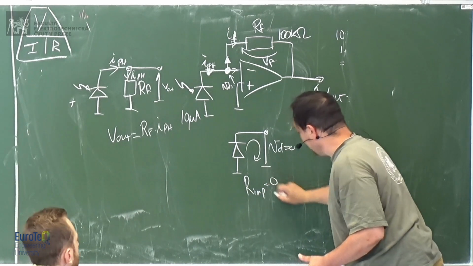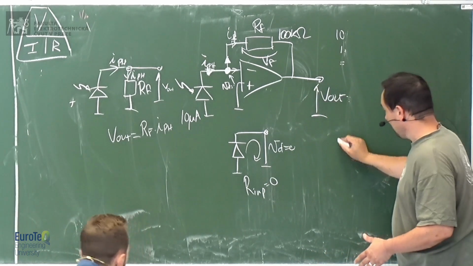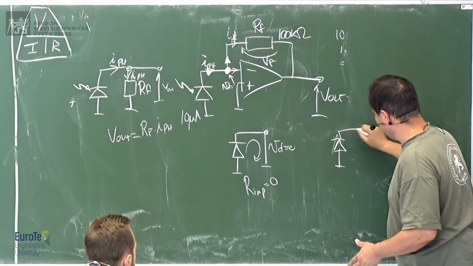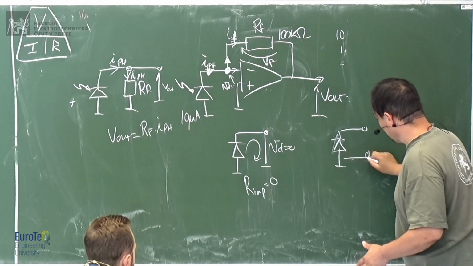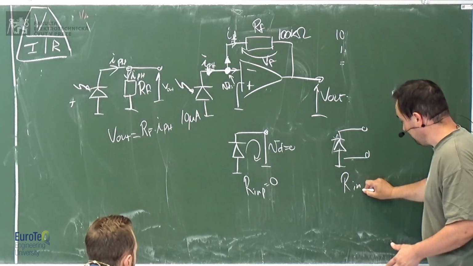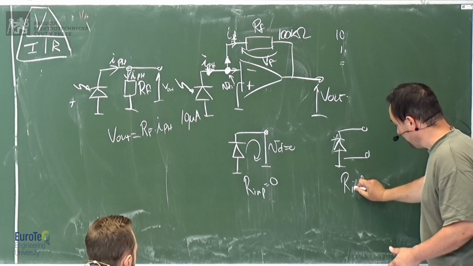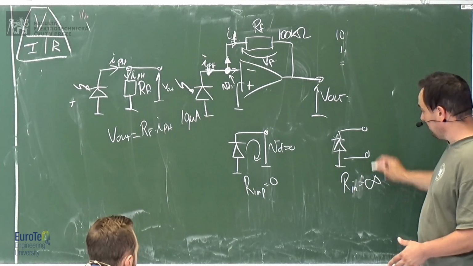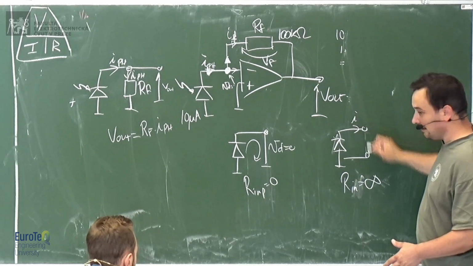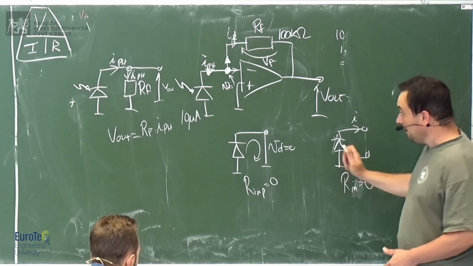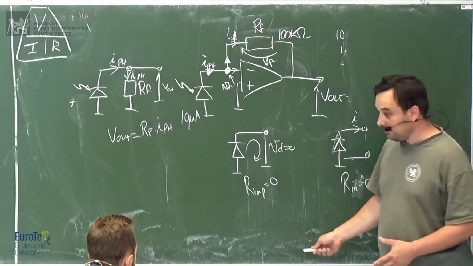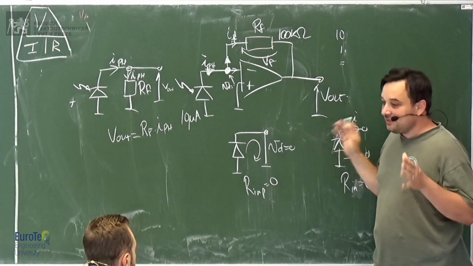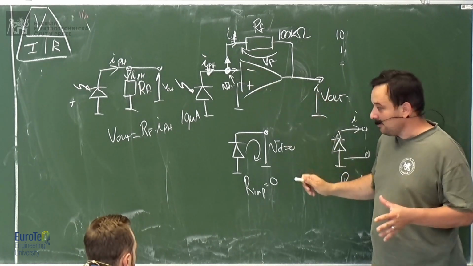If you have infinite input impedance, no current would flow. There is no current. Okay. So here, because I see this virtual short circuit, it's true that it's virtual, but it means that the voltage between this point and this point is 0.